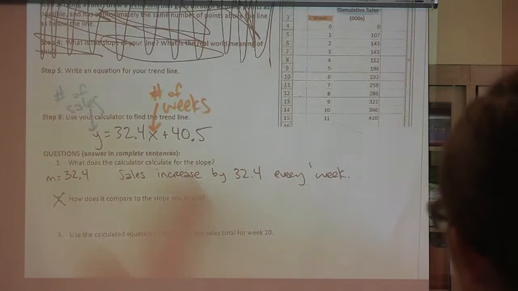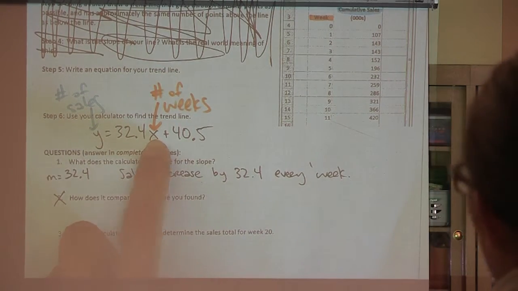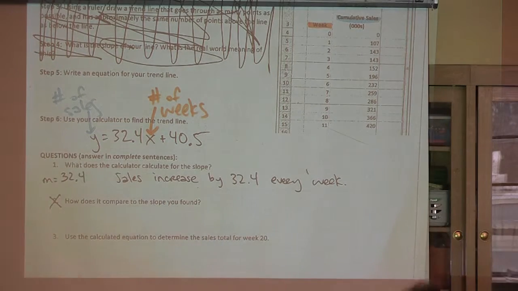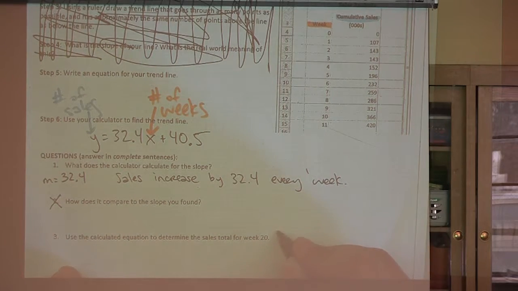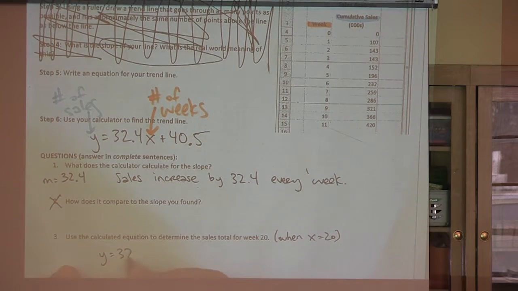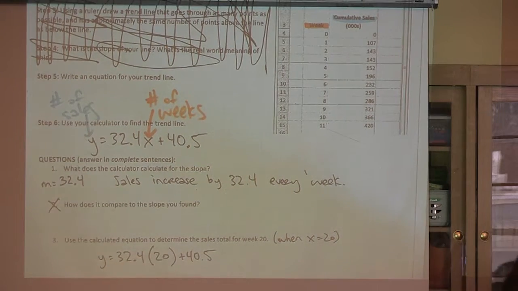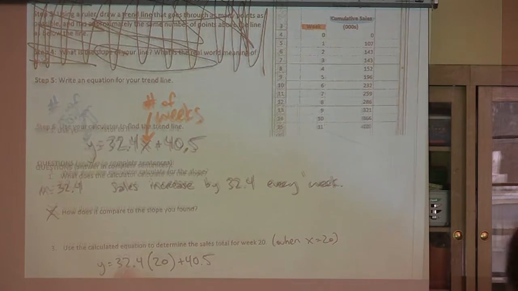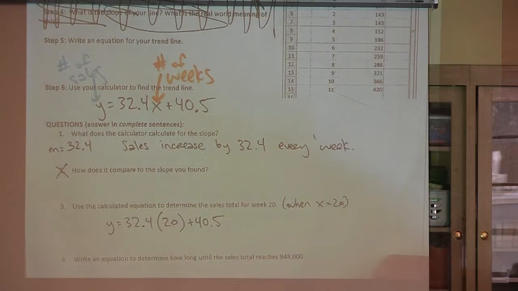That means I need to know when X is 20, what is Y? So in other words, this is when X equals 20. So in my equation, if I plug in 20 for X, because X is the number of weeks, and I calculate, this should be able to tell me how many sales we would make in week 20.